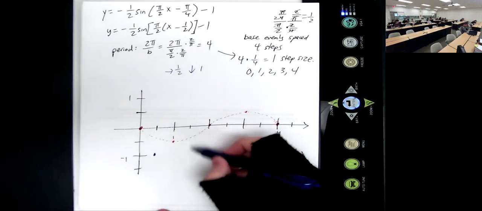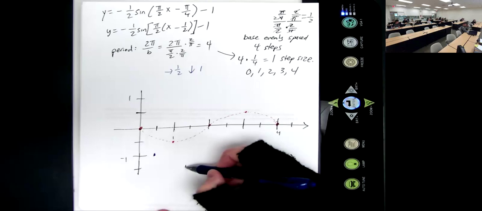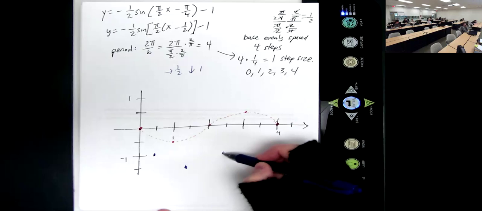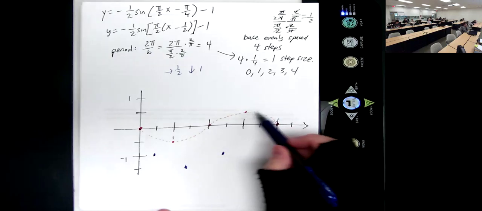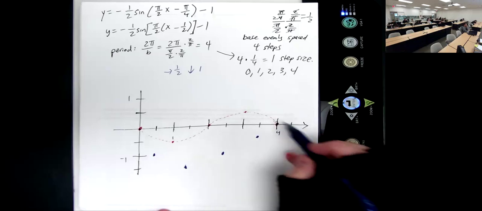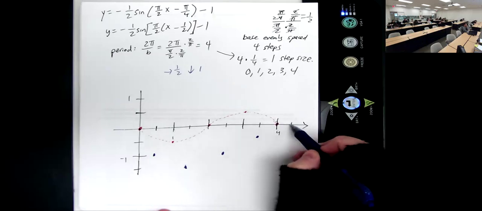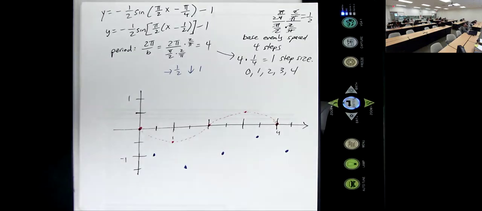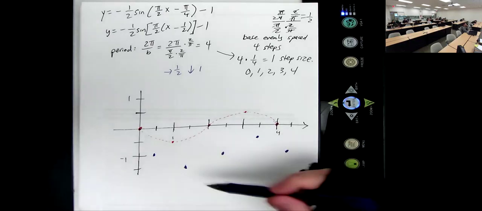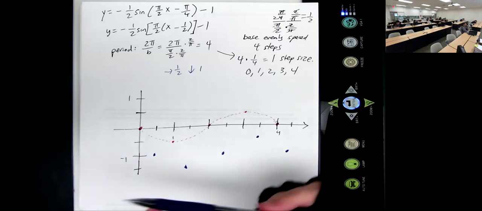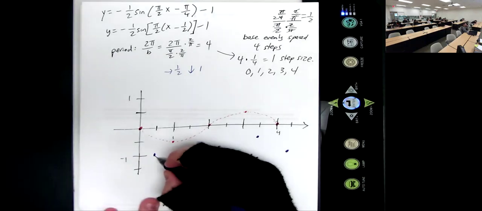Repeat that for each point, right 1/2, down 1. The sine should have 3 in a row horizontally. So if I graph this.